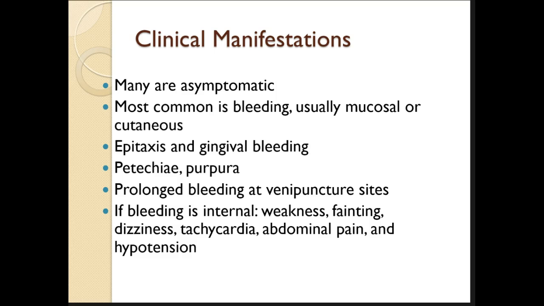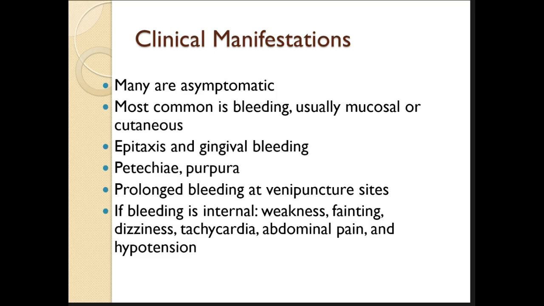When petechiae are numerous, the resulting reddish skin bruise is called purpura. Larger purplish lesions caused by hemorrhage are termed ecchymosis. The patient's ecchymosis areas may be flat or raised. Pain and tenderness sometimes are present in these areas.